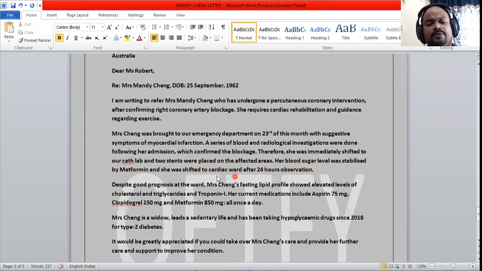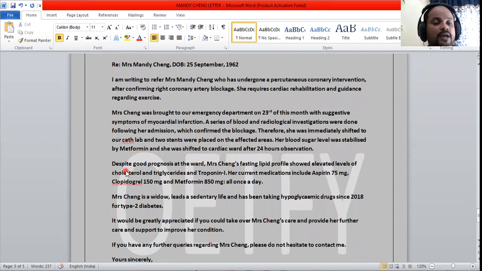Her blood sugar level was stabilized with metformin, and she was shifted to the cardiac ward after 24 hours of observation. So the history is briefed here: what all things we have done before she came to the ward. Now she is at the ward.